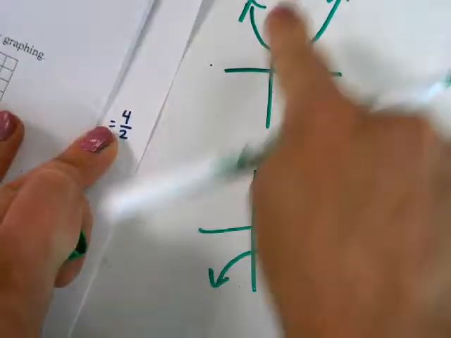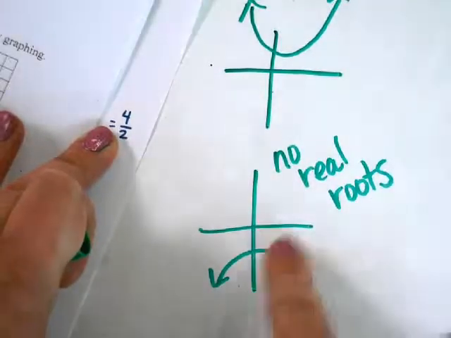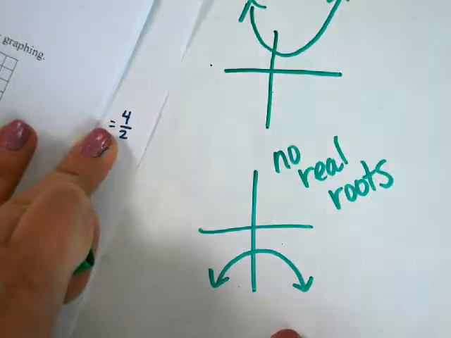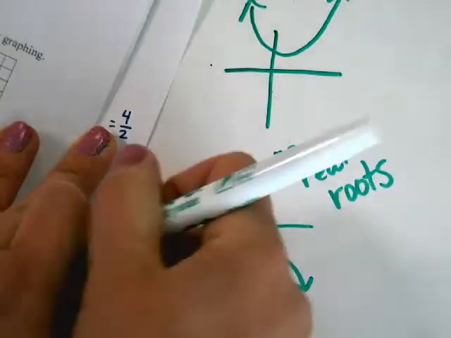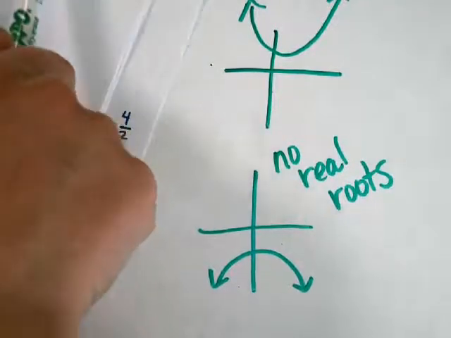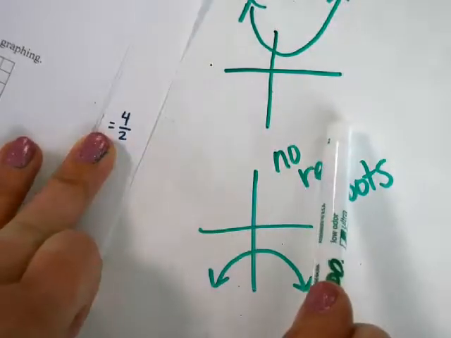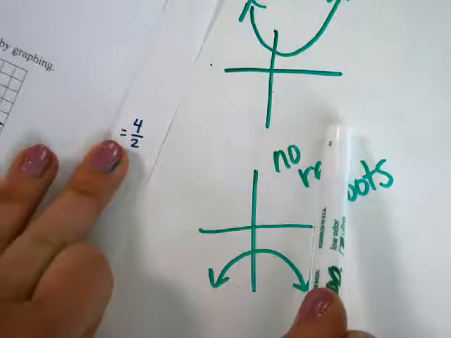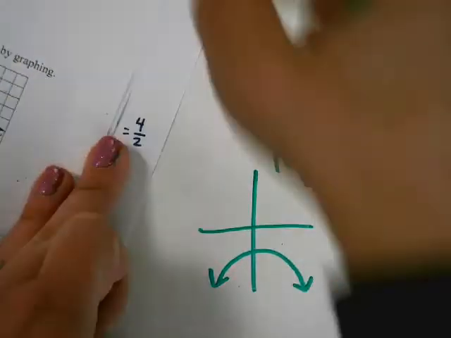It can open up and be above the x-axis, or it can open down and be below the x-axis. Okay? Those are your 3 possible scenarios, or 4 I should say. It touches the x-axis twice, it touches it once because the vertex is sitting on it, or it doesn't touch it at all.